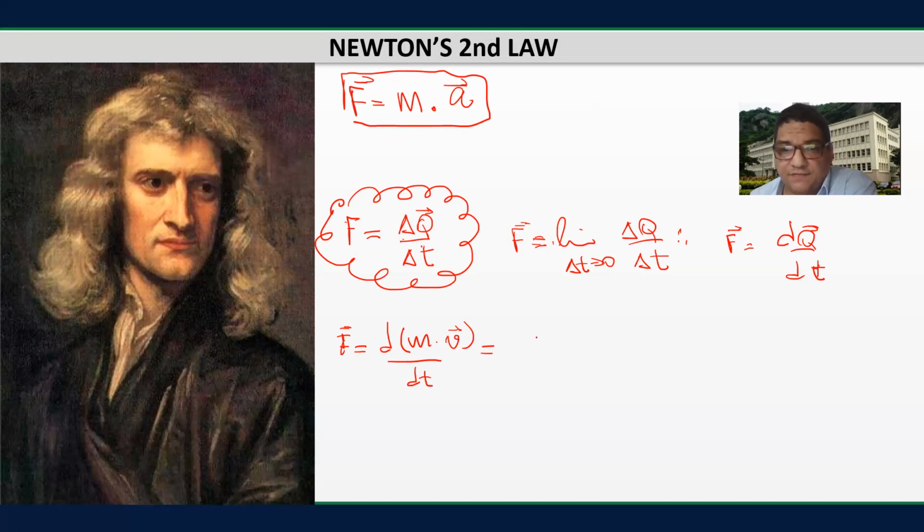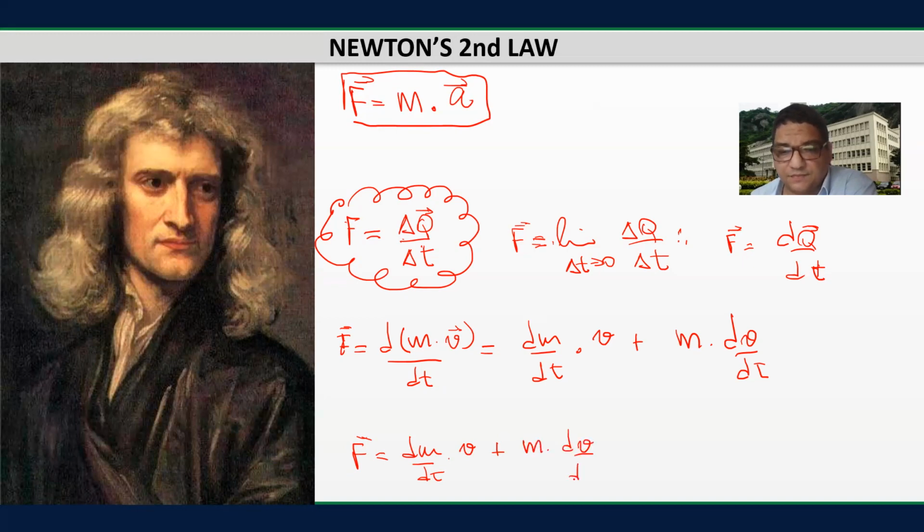And here we have dm/dt times v plus m dv/dt. So this is the expression. This is Newton's second law. F equals dm/dt times v plus m dv/dt. Okay.